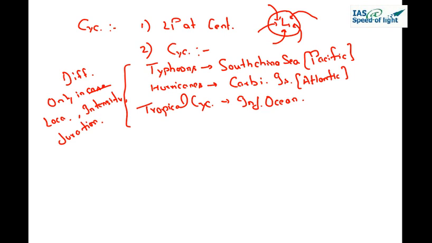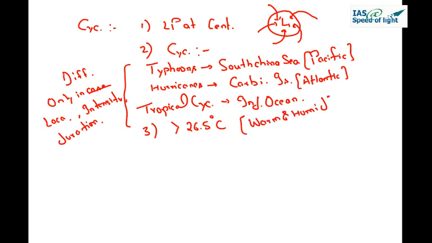Now the third thing which we would like to remember is the precondition for the formation of a cyclone: the surface water temperature of the ocean should be more than 26.5 degrees centigrade. So it has to be warm and humid. This is the precondition.